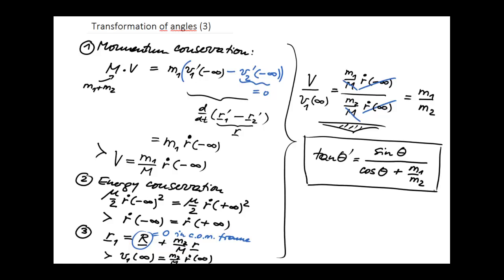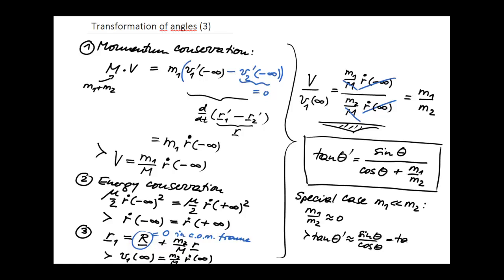And let's check whether this is indeed the case. So here we have the special case m1 much smaller than m2. In that case, the ratio m1 over m2 is almost zero, and therefore the tangent of theta prime is approximately sine theta over cosine theta, which is equal to the tangent of theta, and therefore indeed theta prime is approximately equal to theta, as we had expected.